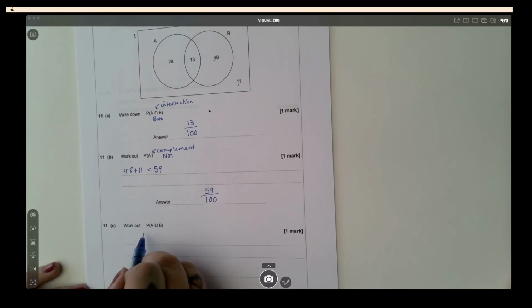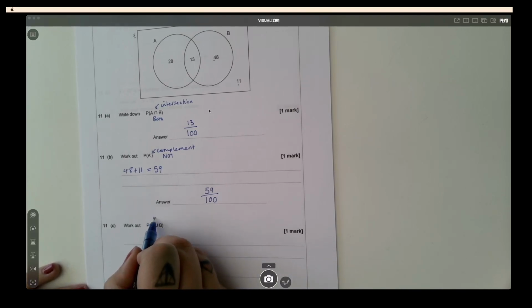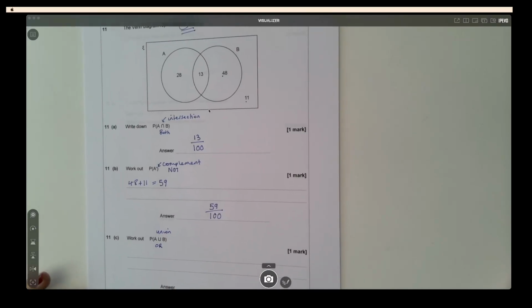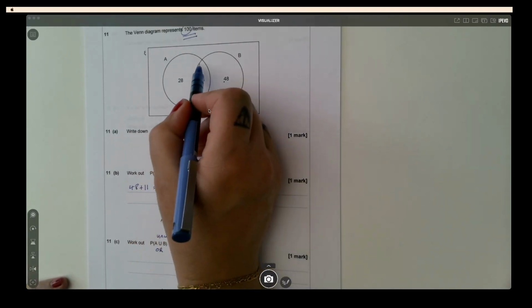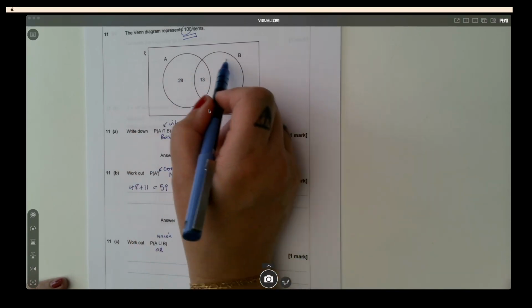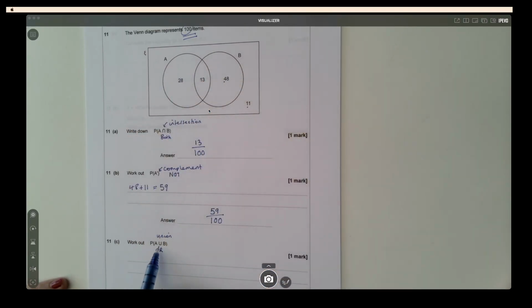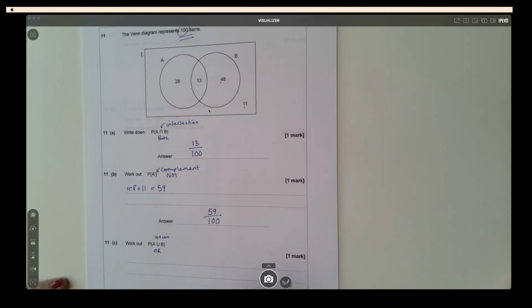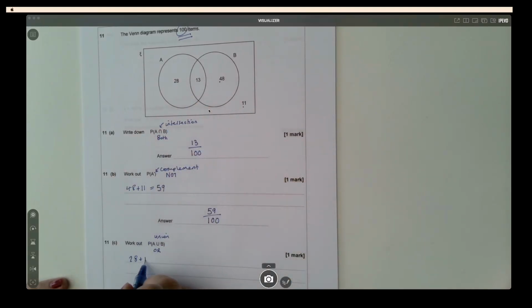11C, work out the probability that it's A union B. So that's A or B. What this means is that it's in the circle A and the circle B. Anything that's in these circles is included with that union symbol. So we have 28 plus 13 plus 48.